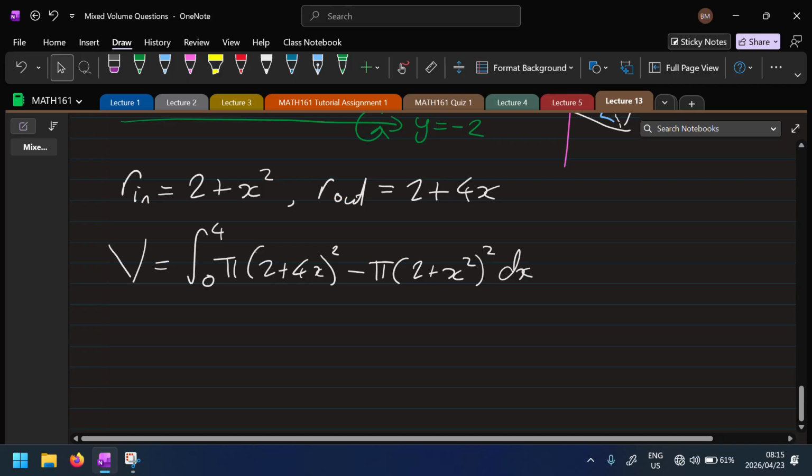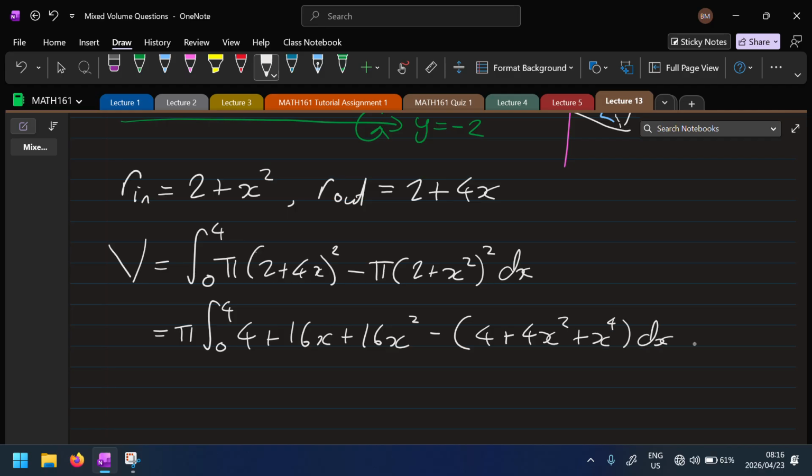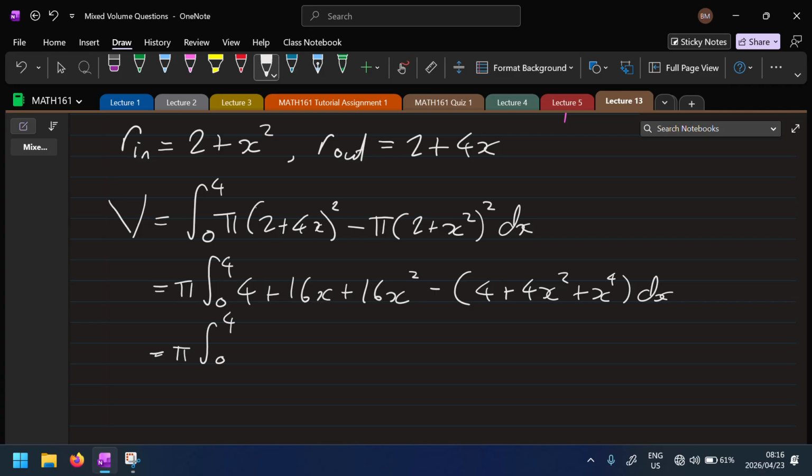Okay, so let's expand this out, do the integral, see what we get. So this will be pi integral from 0 to 4 of 4 plus 16x plus 16x squared, minus 4 plus 4x squared plus x to the 4. Okay. 4 minus 4, that can go away. So we have 16x plus 16x squared minus 4x squared, so 12x squared.